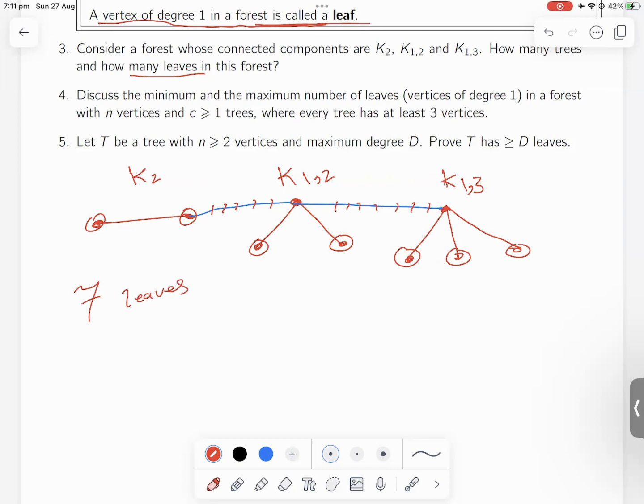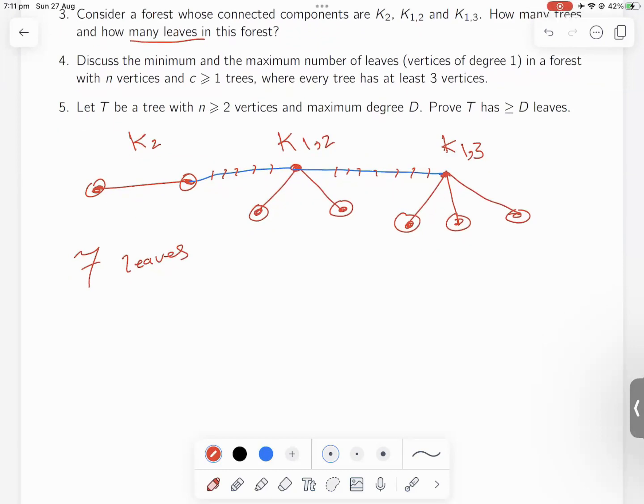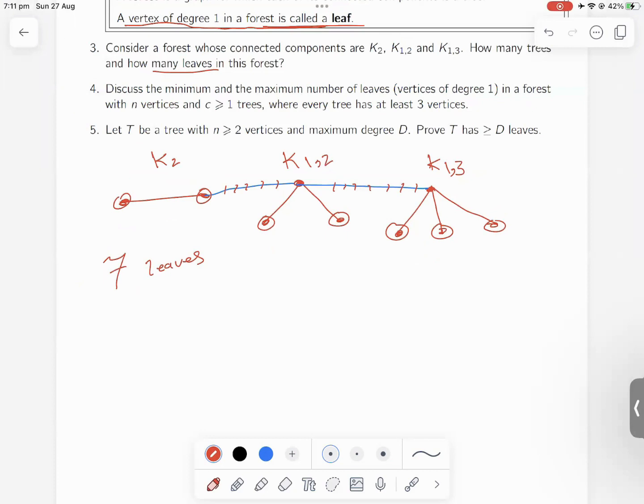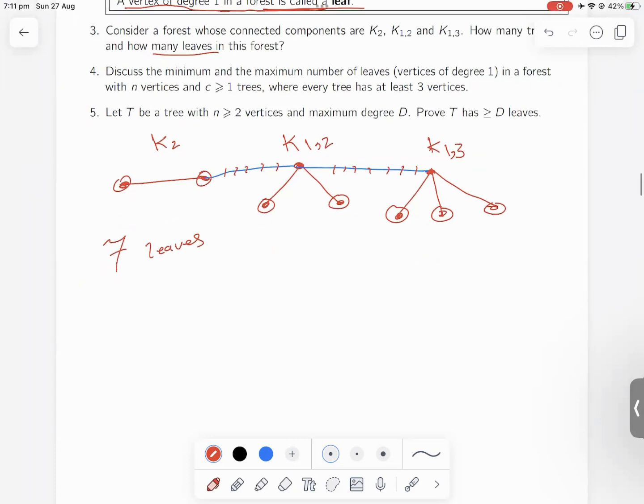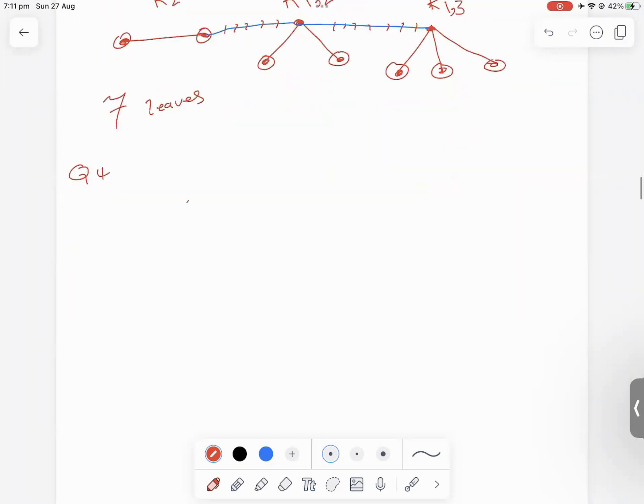All right. Now we can do question 4 as well. For question 4, we can have something like this. So this will be 1, 2, 3, 4, 5.